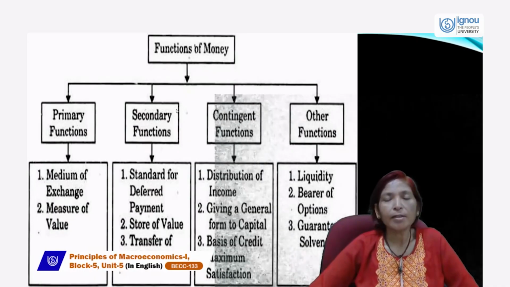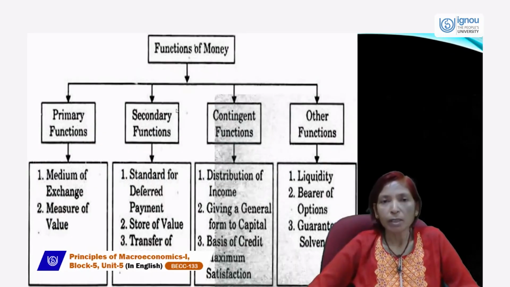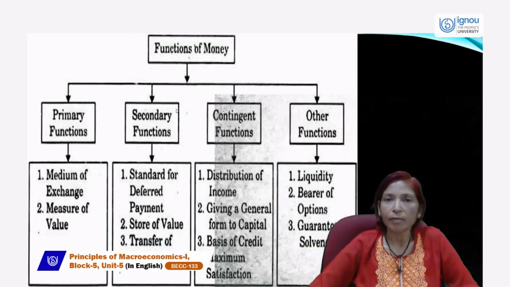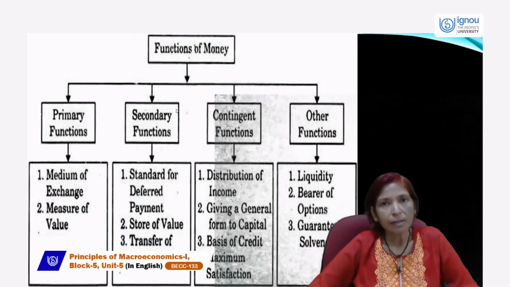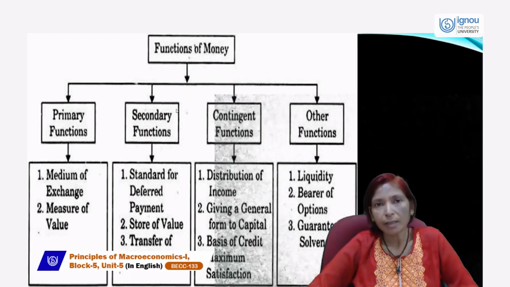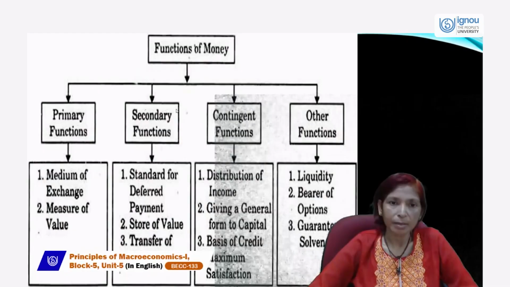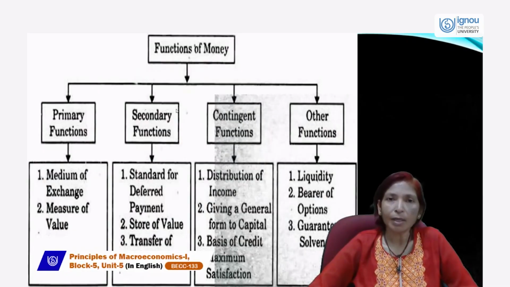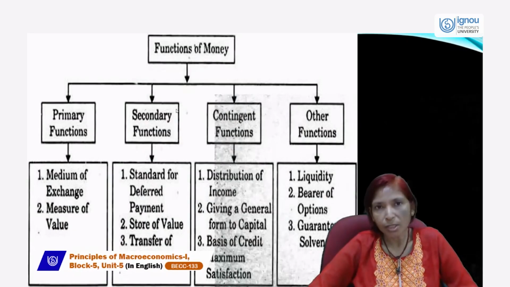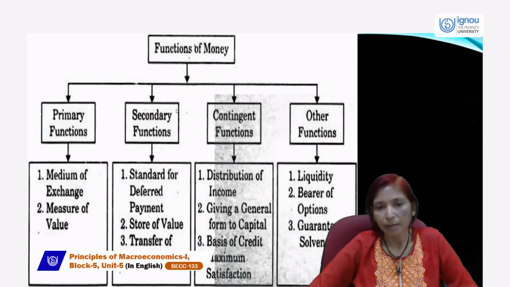All the factors of production give their contribution in the production of goods and services. After contributing, they take a reward in the form of wages, rent, interest, and profit. All the rewards to each factor of production are given by the producer in terms of money.